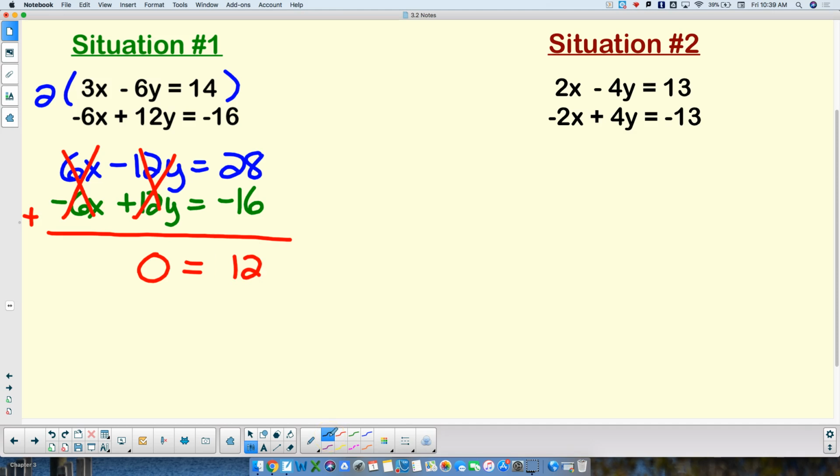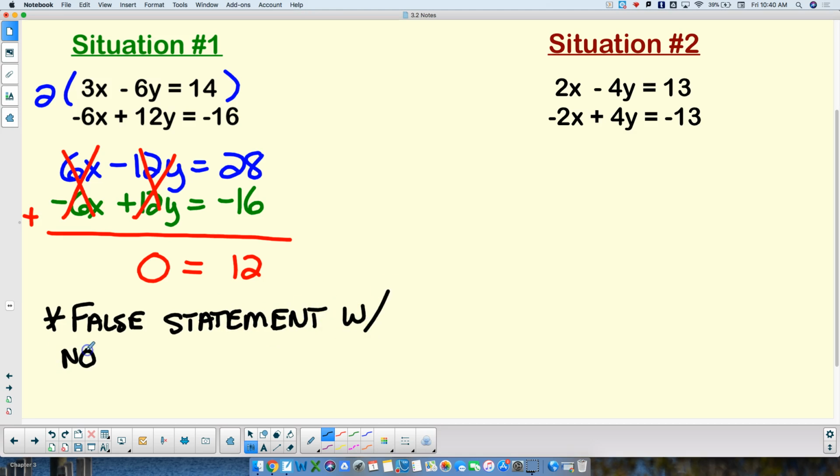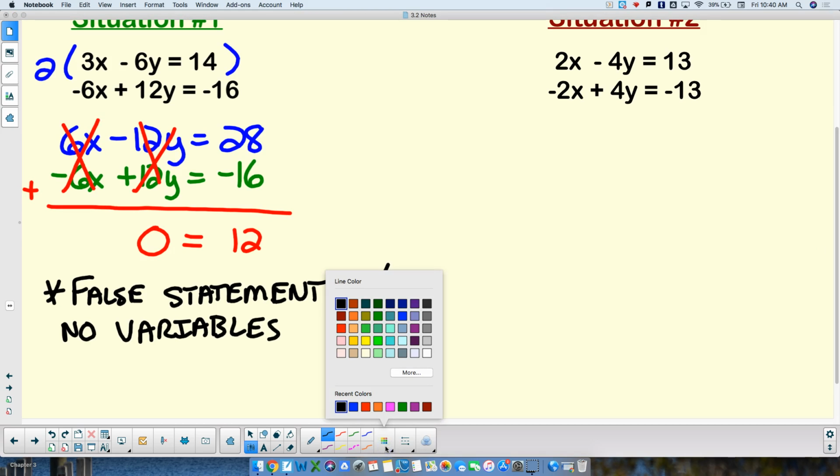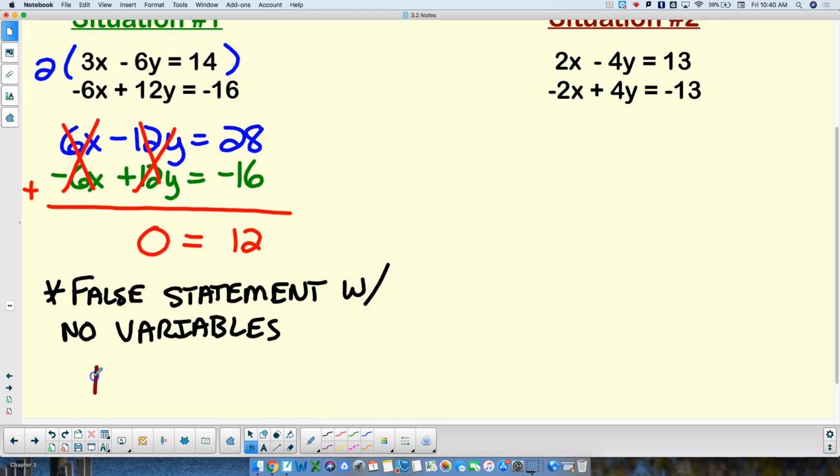So after you go through your elimination and you get a false statement with no variables, just like in substitution, we will call that no solution.